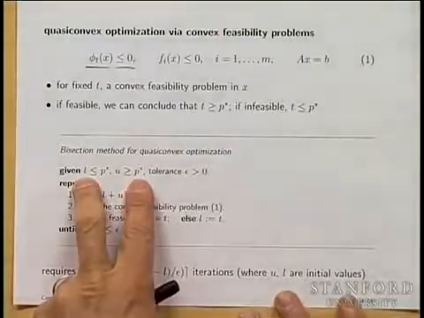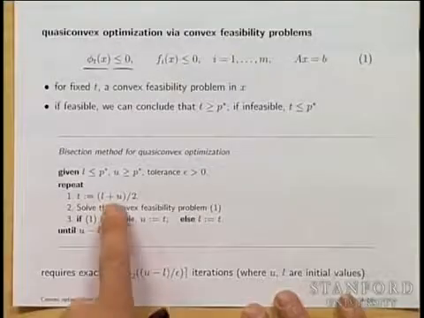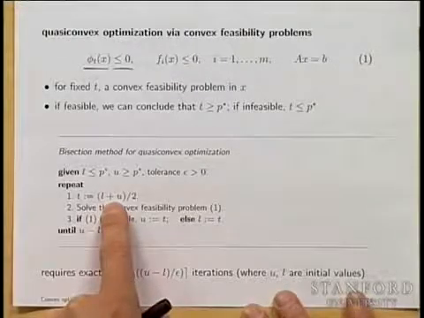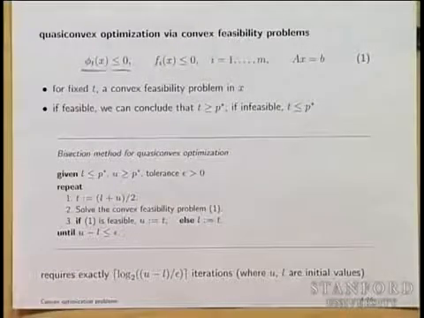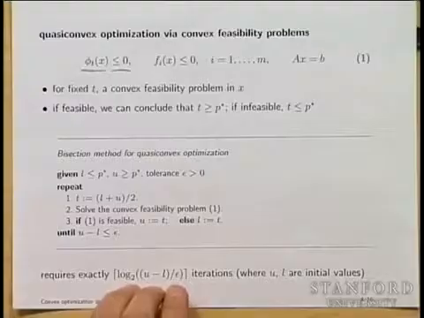So you start with a known upper and lower bound on p star, and you simply query at the midpoint of your known upper and lower bounds, and you solve the convex feasibility problem. And this is just bisection. Every time you do this, you end up with 2 points, an L and a U. For U, you have an x that actually has f0 of x less than or equal to u.